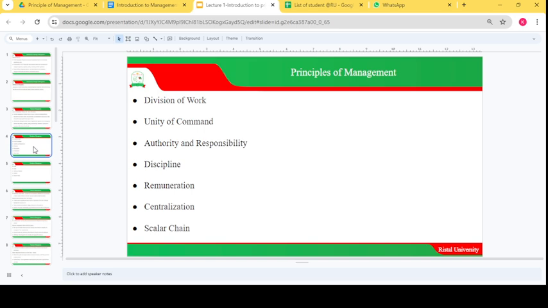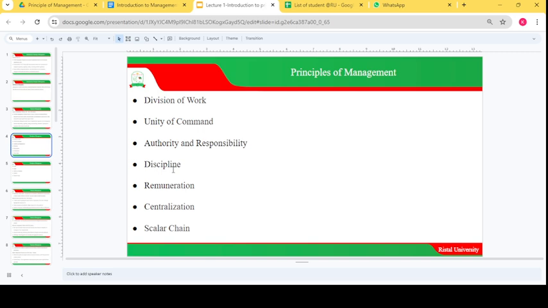And then we have authority and responsibility: authority to give orders comes with the responsibility to complete tasks. And then we have discipline: clear rules and their consistent enforcement are essential for a well-functioning organization.